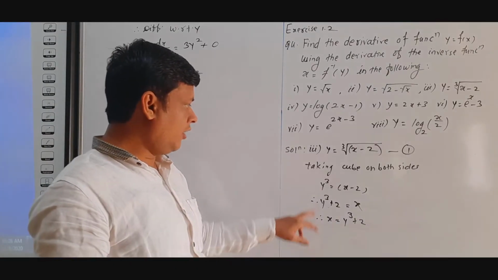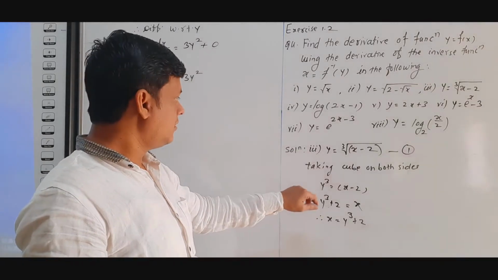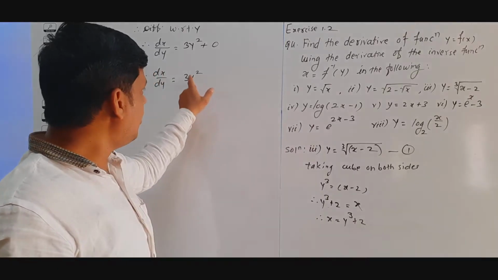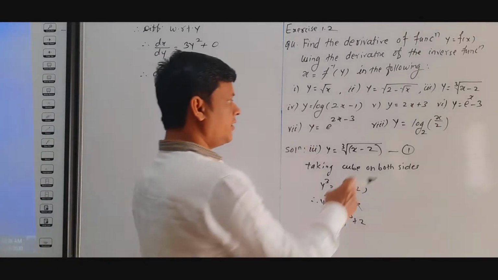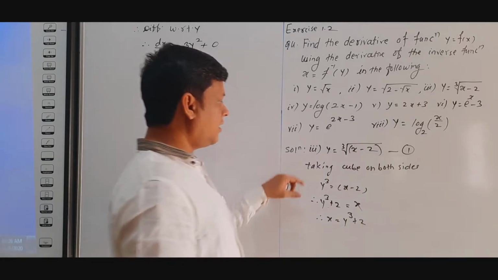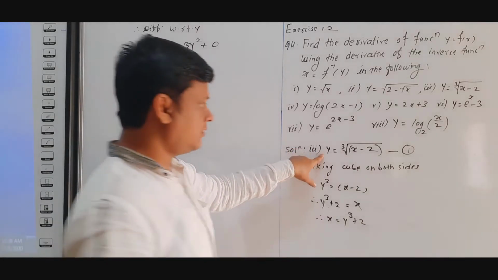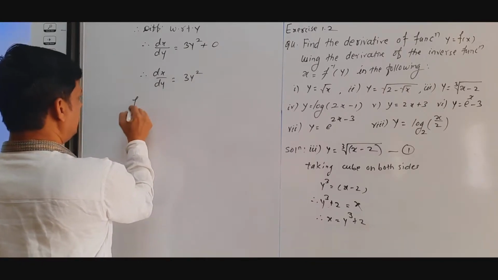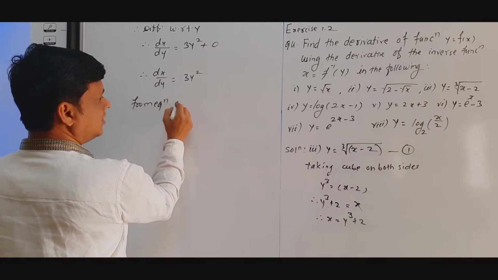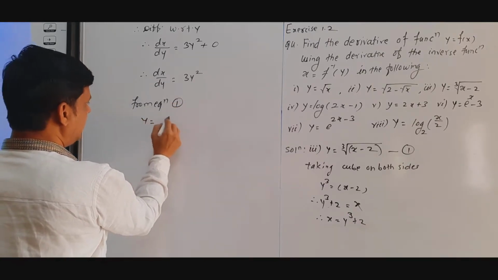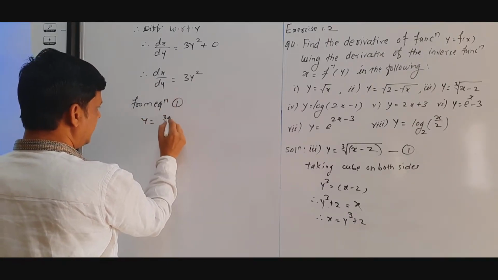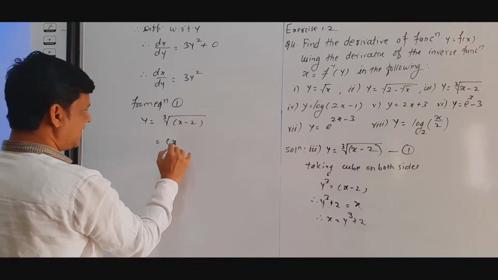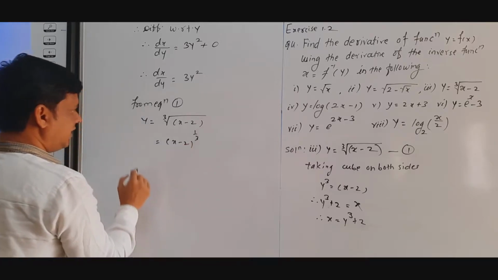Now we have the value of y, but here we require the value of y square. So from equation 1, y is equal to x minus 2 raised to the power 1 by 3.